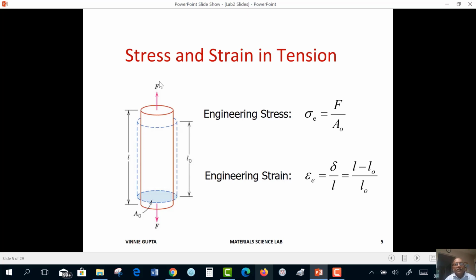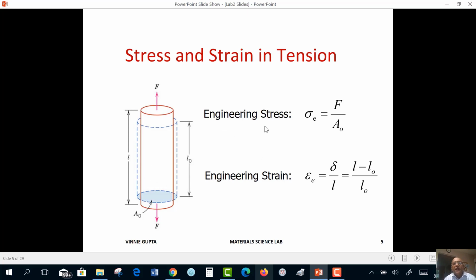What we do is we stretch it, we pull it by these two forces. We are pulling along one direction only, so we call it uniaxial. And we increase the force slowly, so we call it a static tension test. We are putting this under tensile stress.